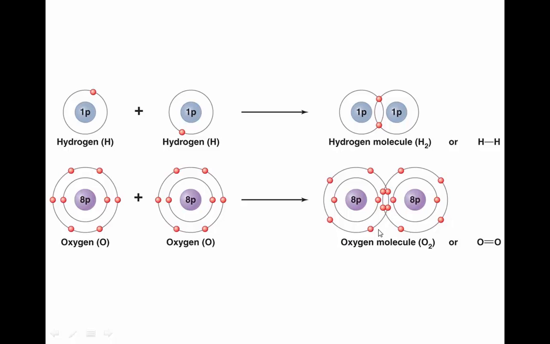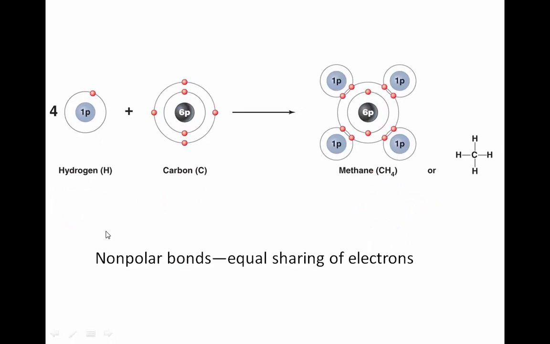But again, this atom has 8 electrons in its outer shell. This atom has 8 electrons in its outer shell, and this sharing is what keeps these 2 atoms together. If you break this bond, you go back to 2 atoms of oxygen. Now, this is an example of a nonpolar bond where the electrons are shared equally.